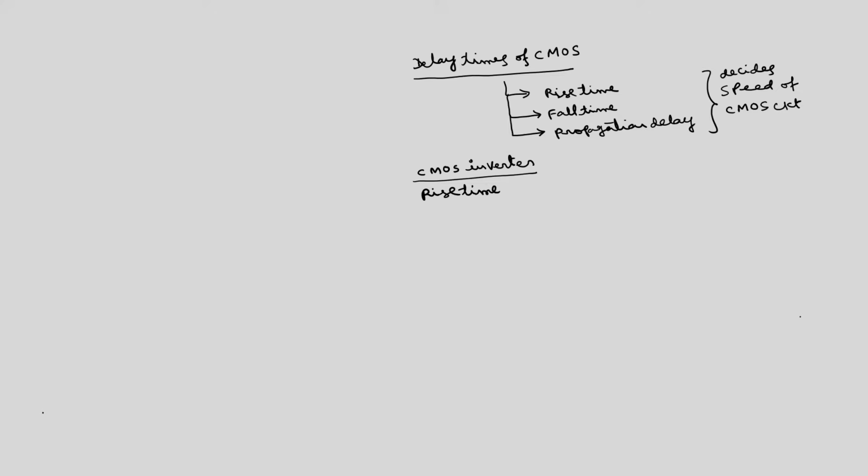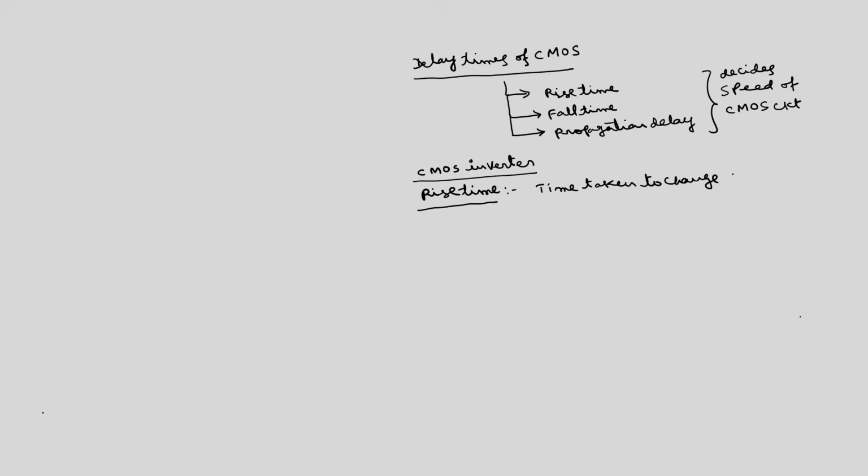Once you understand this rise time derivation of the CMOS inverter, you can do it for any CMOS circuit. Rise time is normally defined as the time taken to change the output from 10% to 90% of the final value.